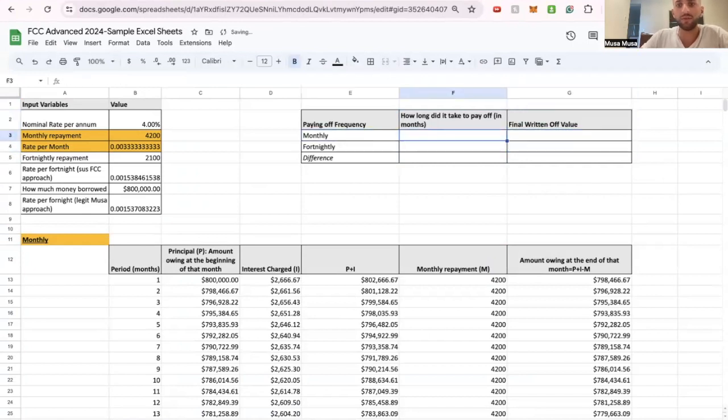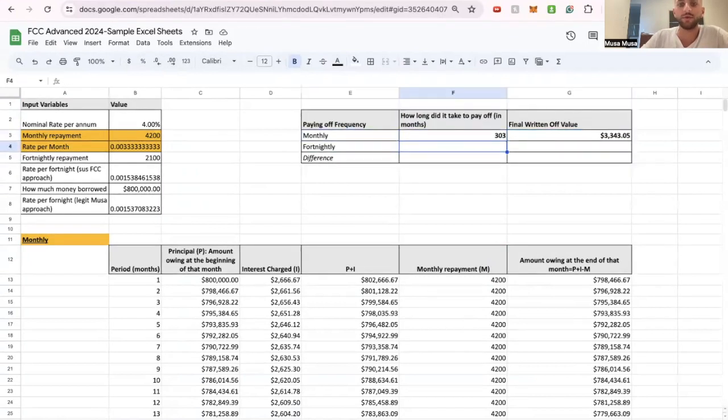So how long did it take to pay it off if it was in months? 303 months. The final written off value is 3343.05, because that's how much you had to actually pay off in the last month. You didn't pay $4,200. It was unnecessary. Okay.